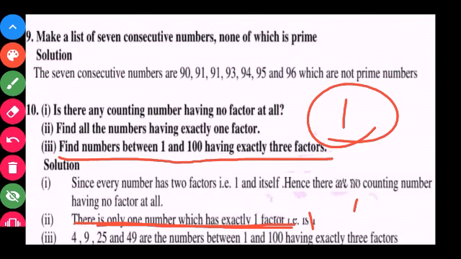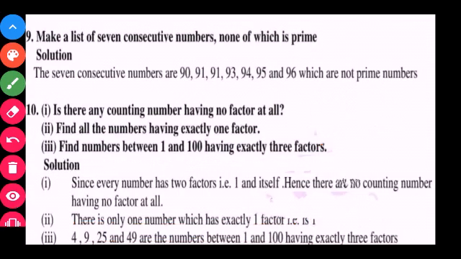So here 4, 9, 25 and 49 are the numbers between 1 to 100 having exactly 3 factors. Only these 4 numbers are the numbers between 1 to 100 which have exactly 3 factors. Understand? Now next question.